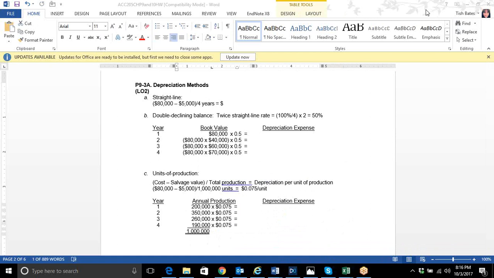Actually, so in the second one, it's a little bit different. I'm looking at this problem now. Hang on. 9-3B.